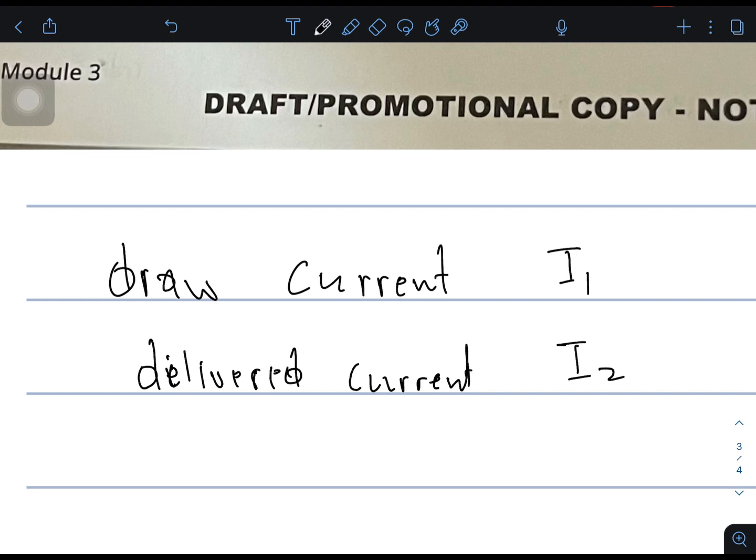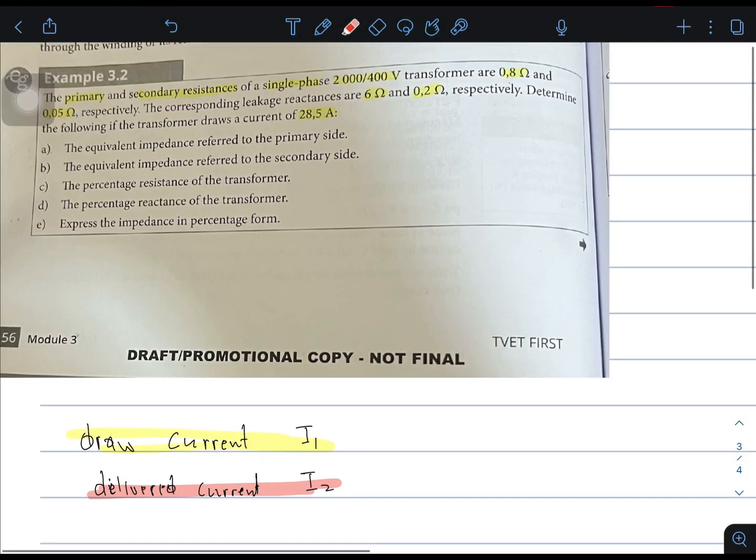When we say draw, we mean the primary current. When we say delivered, we mean the secondary current.